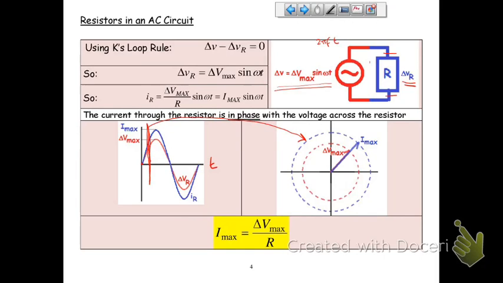If I pick any point in time, these two arrows will be in line with each other, and one will always be bigger than the other. If I take this point here, that point dashes back, and that point dashes back, so that bit there is that bit there.